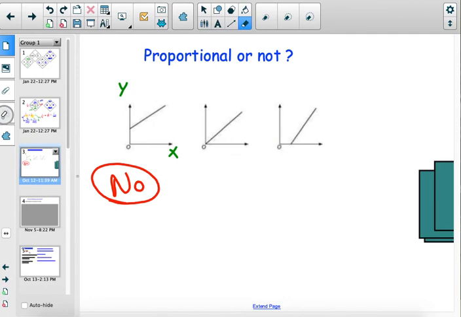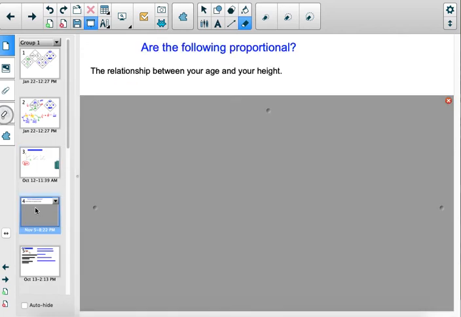All right, I'm going to give you some examples of maybe real life. And you tell me, are they proportional? The relationship between your age and your height. Think about it, the age and height, yes or no, is that proportional? As you get older, is that proportional?